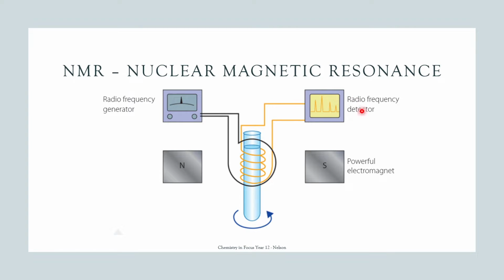And then we can use a radio frequency detector to figure out where some of those radio waves were absorbed. Similar to IR, if there was any radio waves that were absorbed, that means that we found a resonant frequency. And at those resonant frequencies, that's where we're getting this spin flip in nuclei.